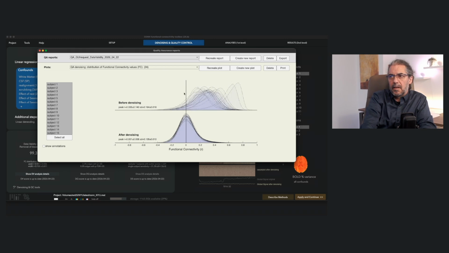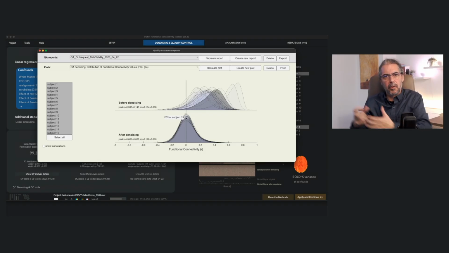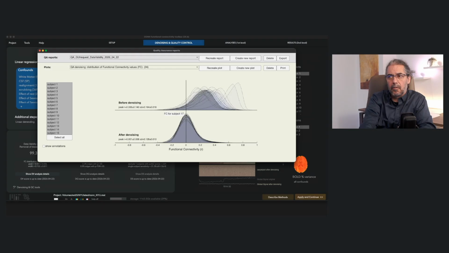And all of these are the distributions obtained before denoising, any sort of denoising. And these are the same distributions on the same data, but after denoising for the same subjects. This is subject 15, subject 11, subject 19. And you can see for each individual subject, the distribution before and after denoising. And data validity score quantifies the level of centering of these distributions, the location of the peak of those distributions, on average across all of the subjects in your data set.